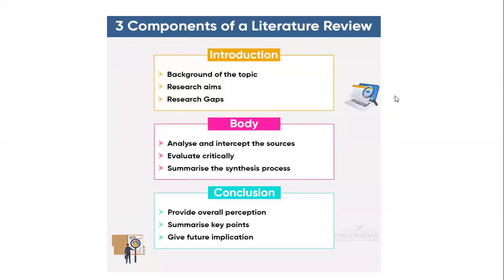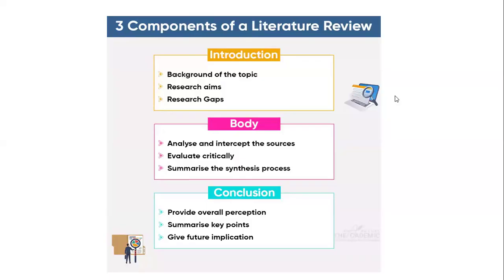Basically, the introduction includes the background of your topic, research aims, and research gaps you have identified after selecting your topic. And then the body includes analysis and interpretation of the resources you use. Okay? And then evaluate critically. You have to evaluate your research critically, which is critical analysis, basically.